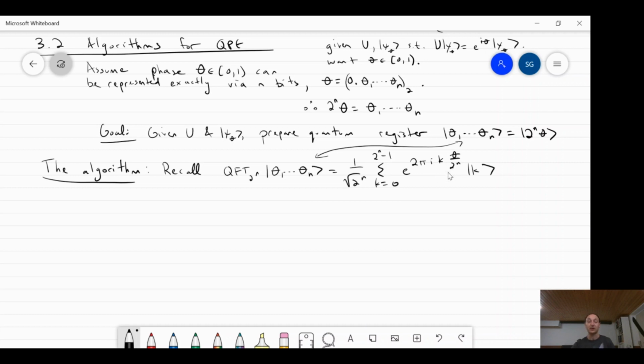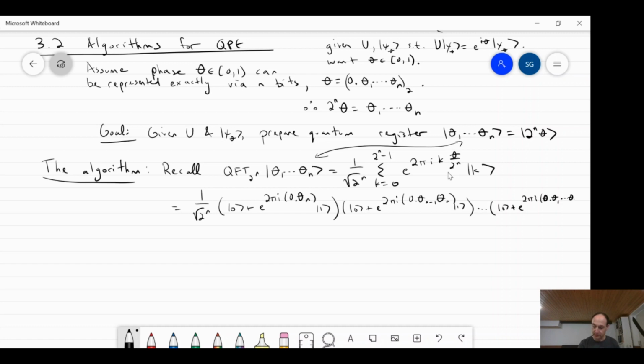And we also showed that this can be broken down into 1 over square root 2 to the n, and we had this product expansion: 0 plus e to the 2 pi i 0 point theta n, 1, and then 0 plus e to the 2 pi i 0 point theta n minus 1, theta n, 1, and finally dot dot dot, 0 plus e to the 2 pi i 0 point theta 1 to theta n, 1.